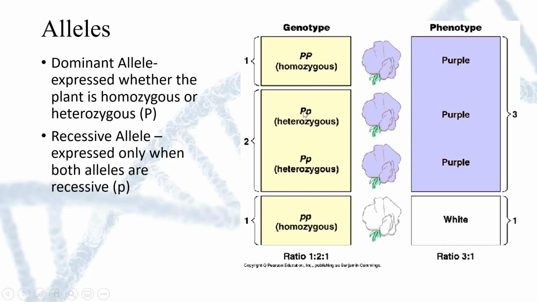So the trait that is expressed is purple, right? Because that dominant allele is present, it's going to express the trait that it's coding for, which in this case is purple flowers. The only way you get white flowers is if you have two of these recessive alleles, and that's going to give you a white flower.